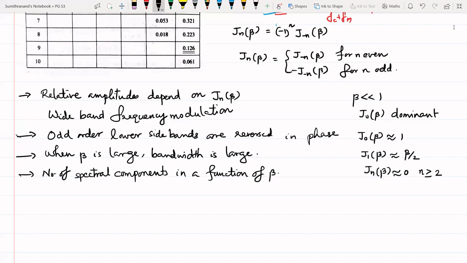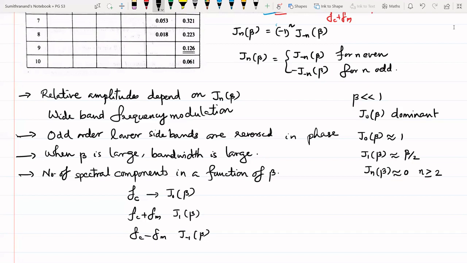So the spectrum contains the carrier Fc corresponding to J0 beta, and Fc plus Fm corresponding to J1 beta, and Fc minus Fm corresponding to J minus 1 beta.